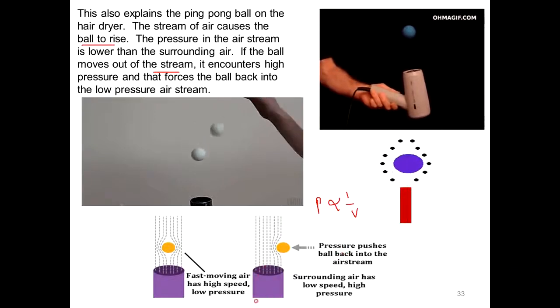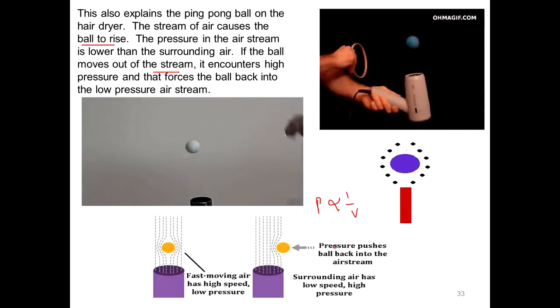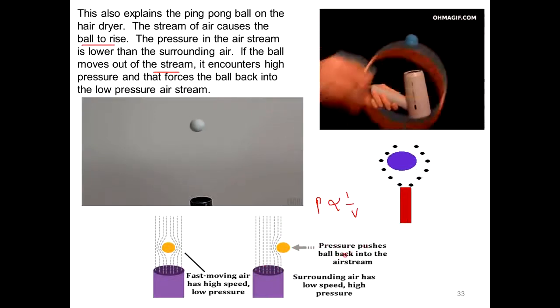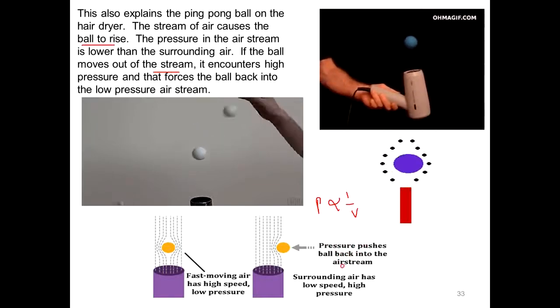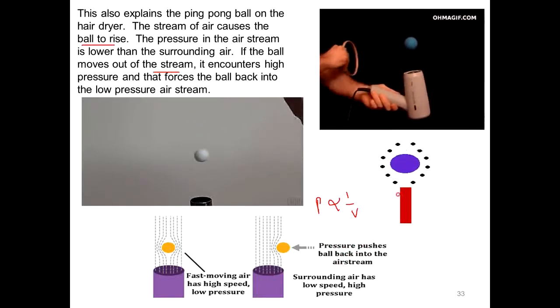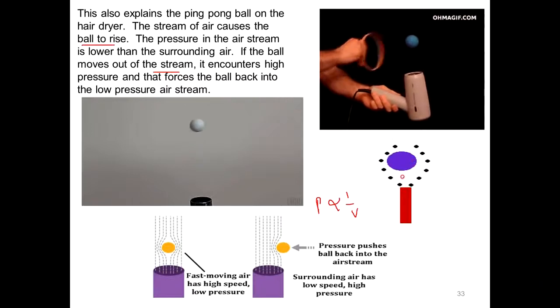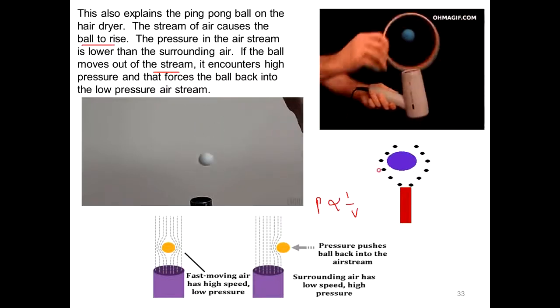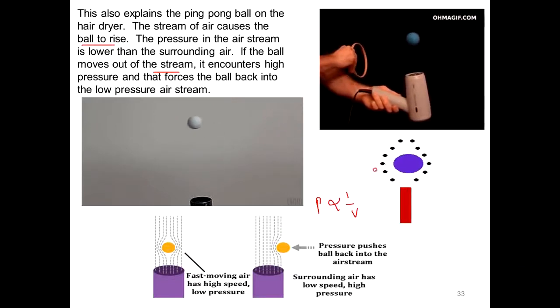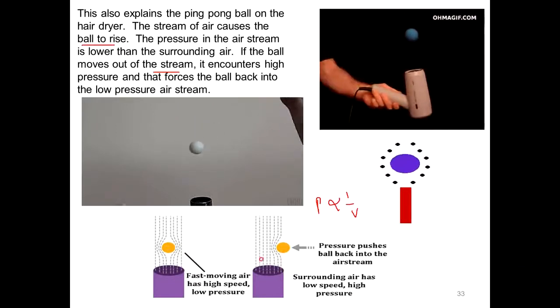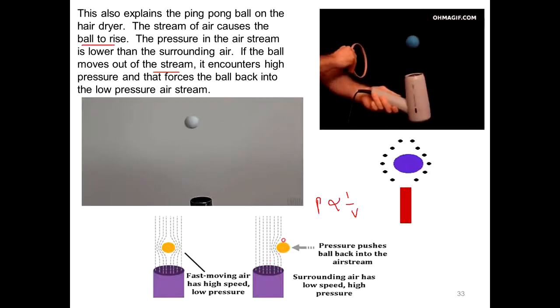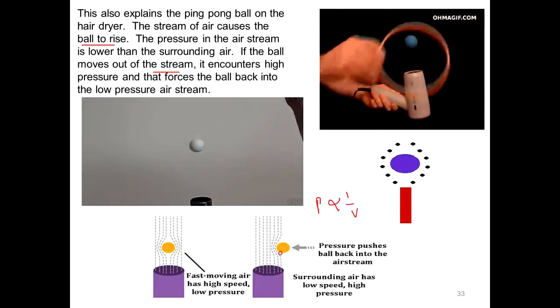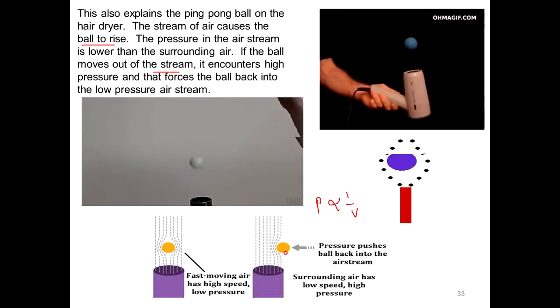See, look at this picture here. It is written, the pressure pushes the ball back into the air stream. Suppose, as I said, in this particular picture, the ball moves towards the right. What will happen if it comes towards the right?